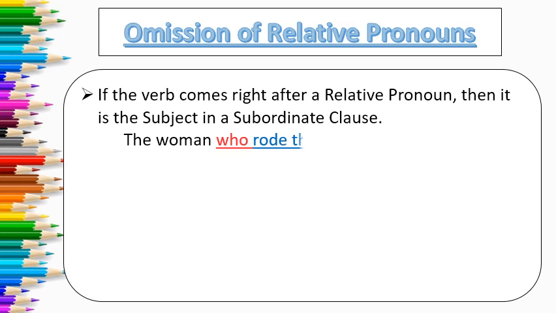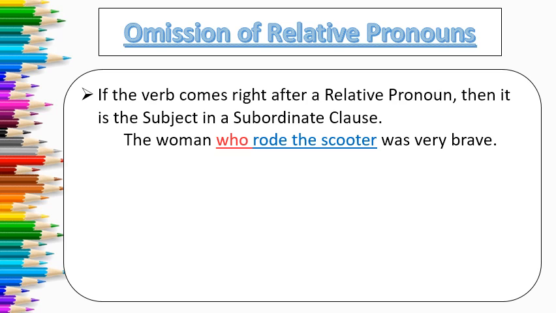The woman who rode the scooter was very brave. First of all, let us divide this sentence into two clauses, main clause and subordinate clause. The woman was very brave is the main clause. Who rode the scooter is the subordinate clause. Why is it a subordinate clause? Because it begins with a subordinating conjunction, a relative pronoun or a relative adverb.